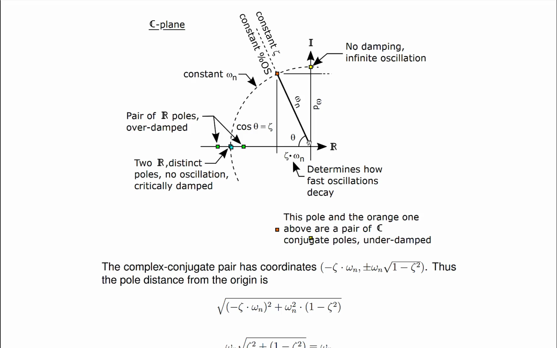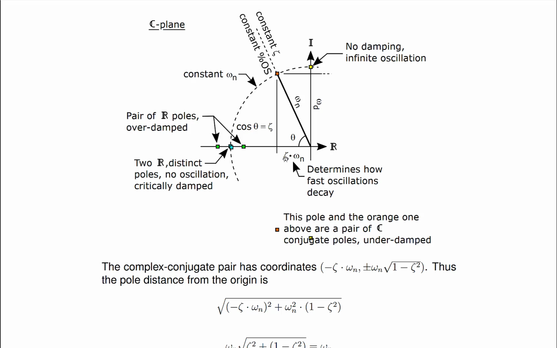And what that means is that since any roots along here would have the same theta angle here, and the cosine of theta is equal to zeta, then all of these roots along this line here, shown as example, are the same zeta. And since they're the same zeta, that means they have the same overshoot. So this is a line of constant percent overshoot. This is a line of constant damped natural frequency. This is a line here.